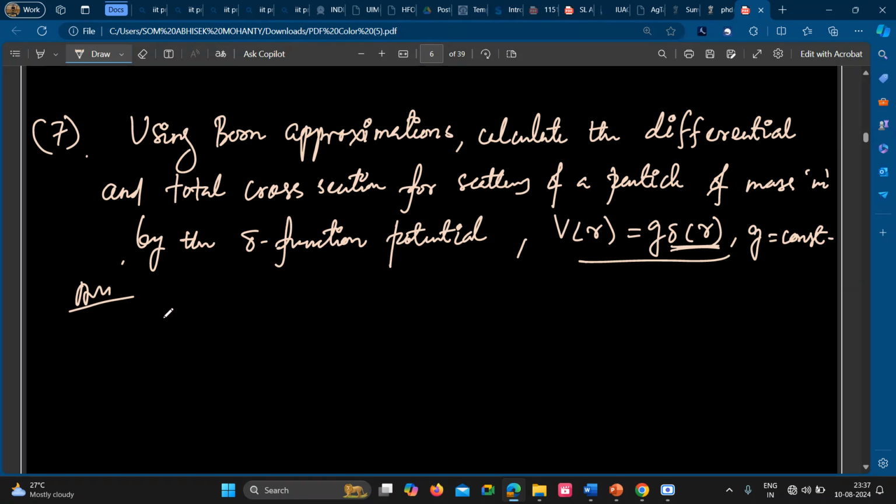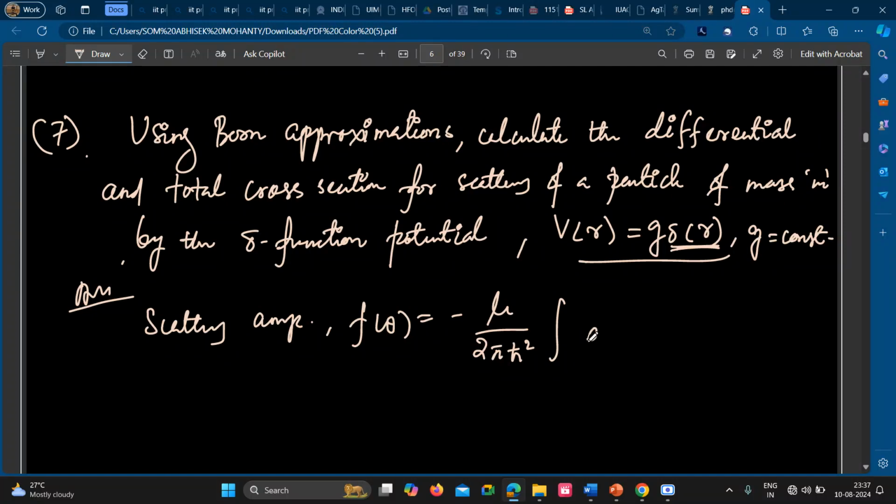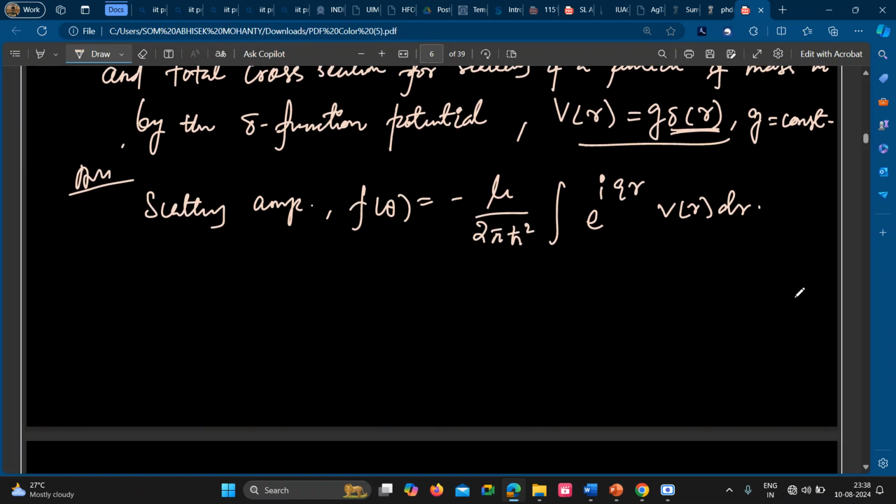Here the scattering amplitude for a general potential will be used: f(θ) = −(μ/2πħ²) ∫ e^{iq·r} V(r) dr. This is the expression for the scattering amplitude for a general potential.